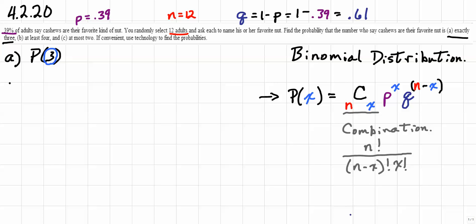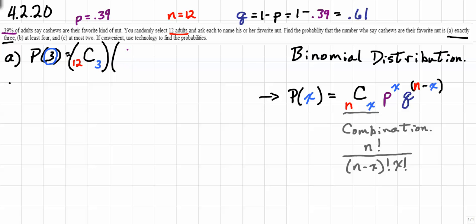So now we go ahead and put everything into the formula. We know that n is equal to 12, and that's going to be a combination, and we're looking at 3 at a time for this particular combination. And I'm going to put parentheses around this, because this whole thing is now going to multiply my p to the x power.